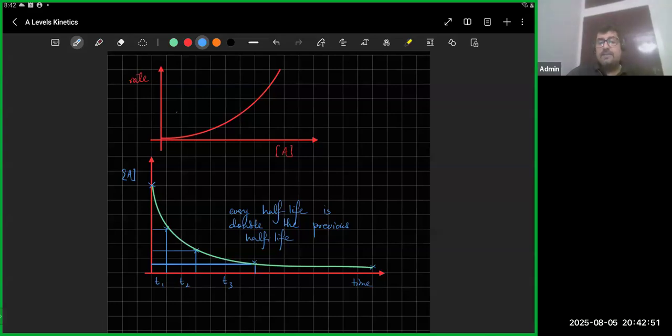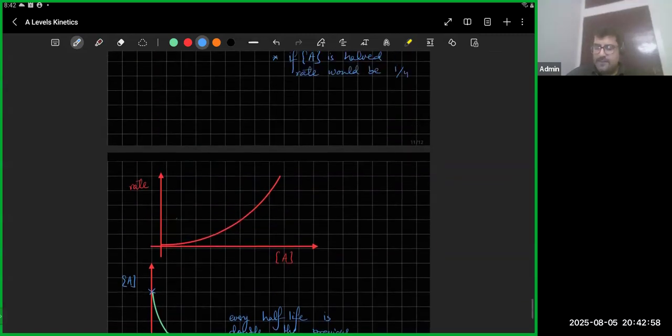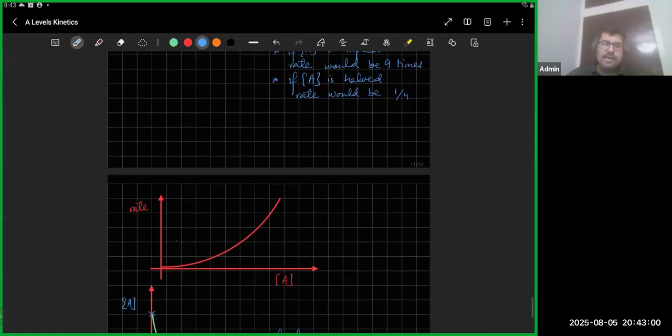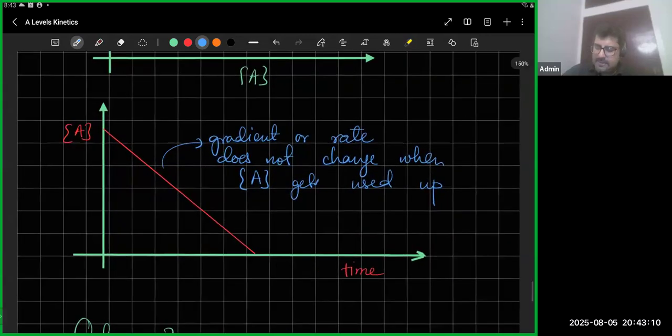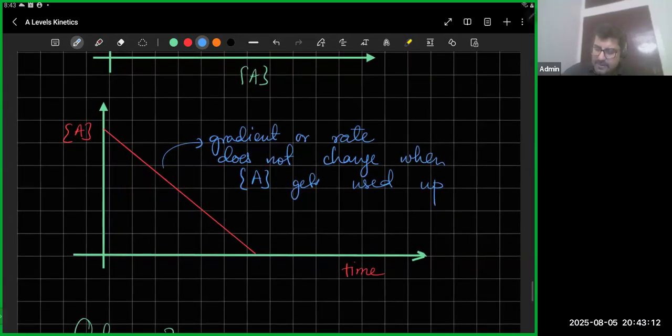ठीक है. And this is the first way of finding out what is the order of reaction. If you can plot the graph, and you can have a look at the graph. So the half-lives, I mean, you can plot either of the two graphs. The half-lives will give you an idea about what the order of reaction is. अच्छा, इस वाले में ना half-life is not really important, लेकिन because the shape is pretty obvious. इसमें क्या होता है, every time the half-life 0 order में ना half-life becomes half of the previous one.